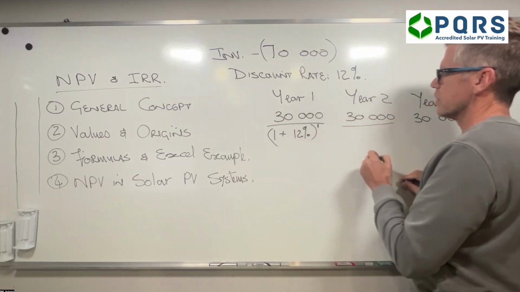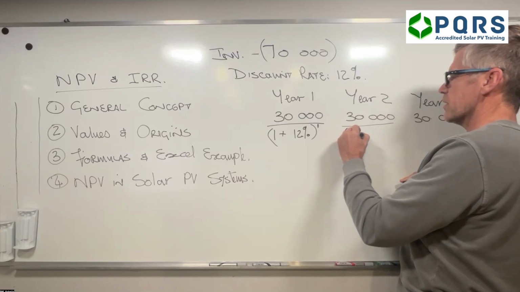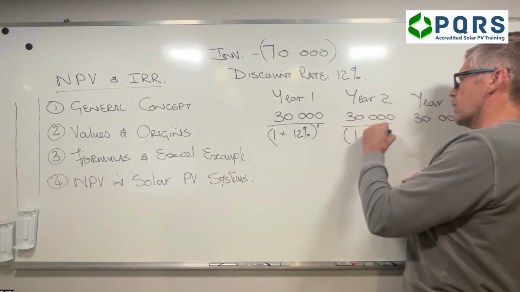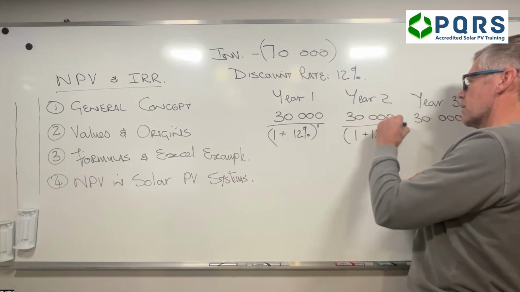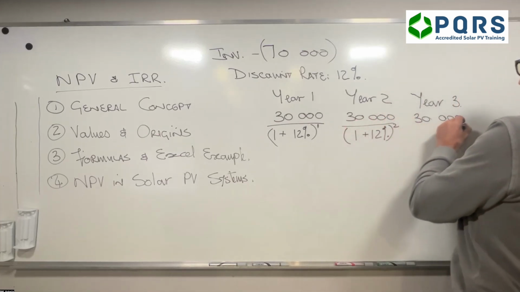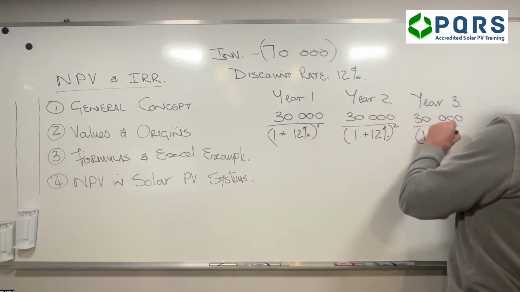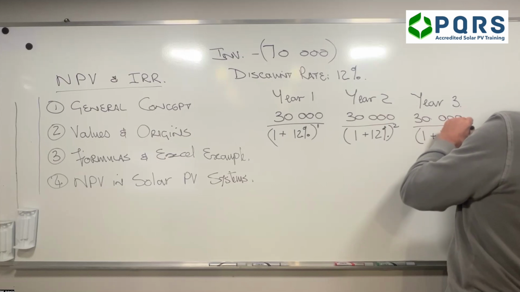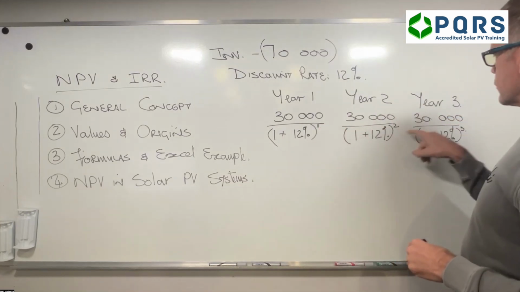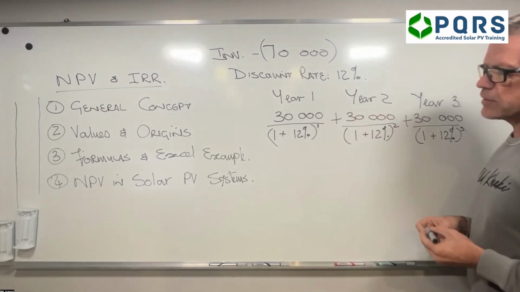For year 2, it's going to be that value divided by 1 plus 12% to the power of 2. And over here, it's going to be 1 plus 12% to the power of 3. So that's for year 1, year 2, and year 3. All three of those values are going to be added to one another.